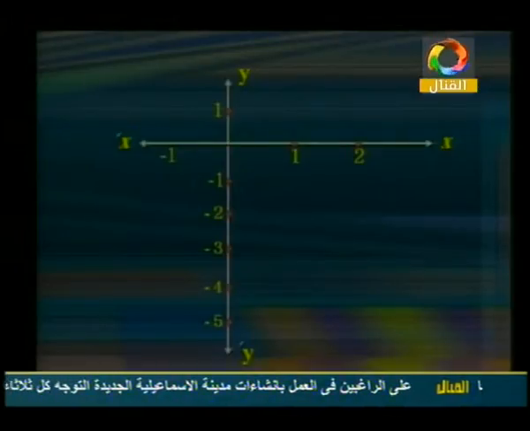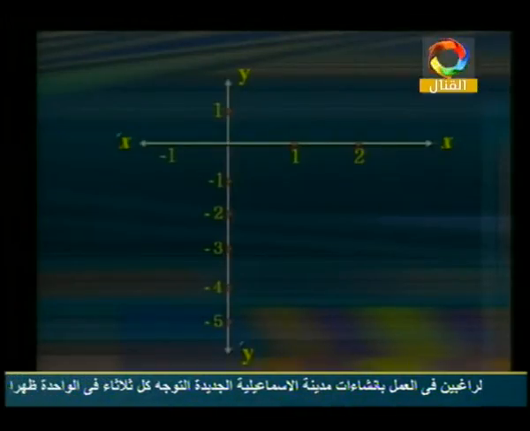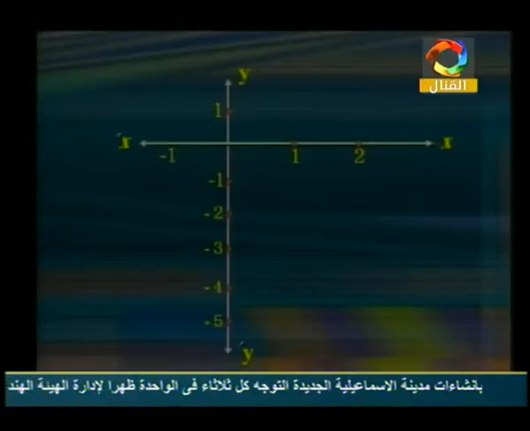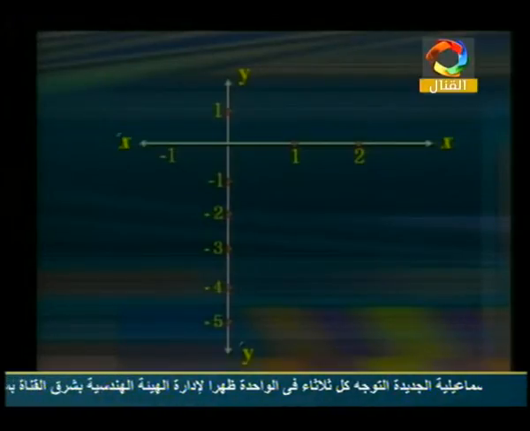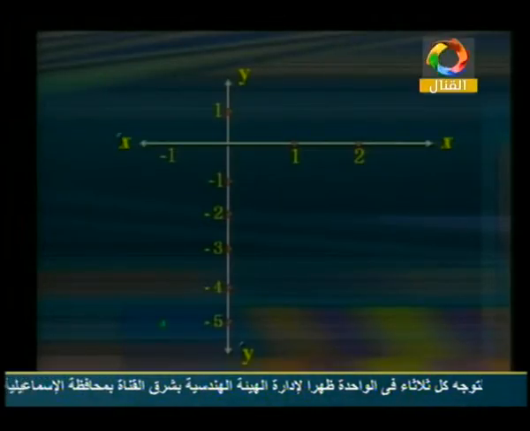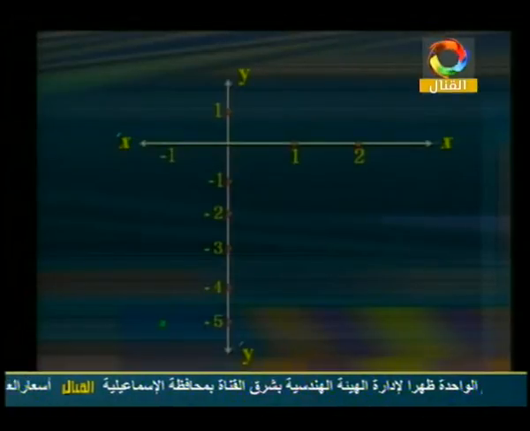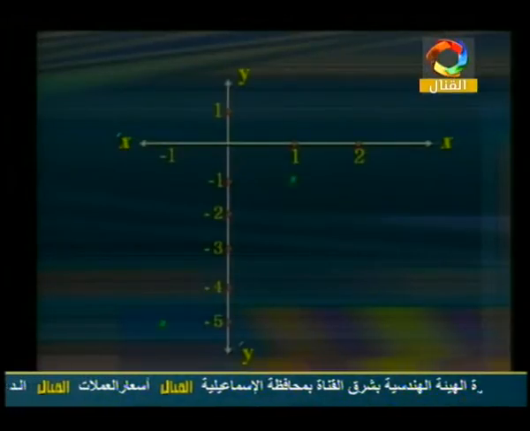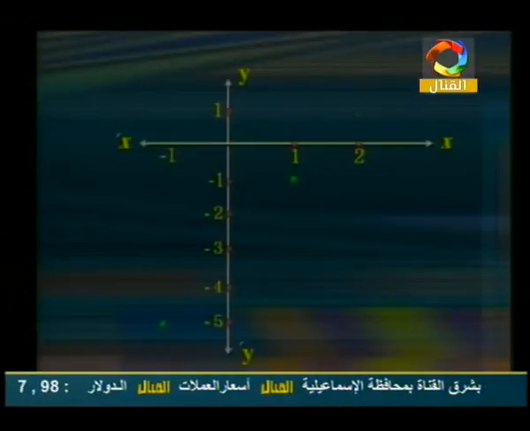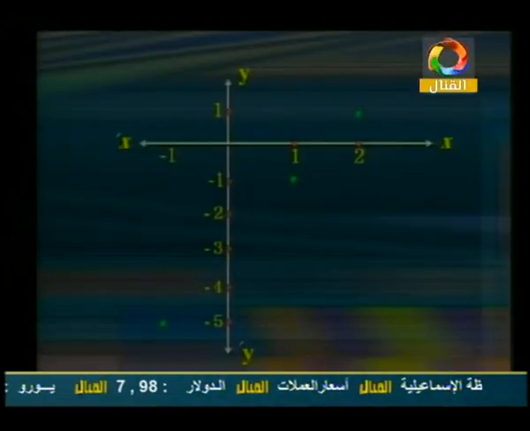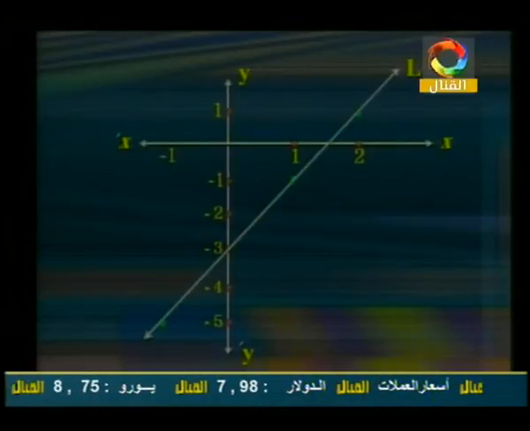X, x dash, y, y dash. These are the 2 coordinate axes, x and y. The points are (negative 1, negative 5), (1, negative 1), (2, 1). This is a straight line.